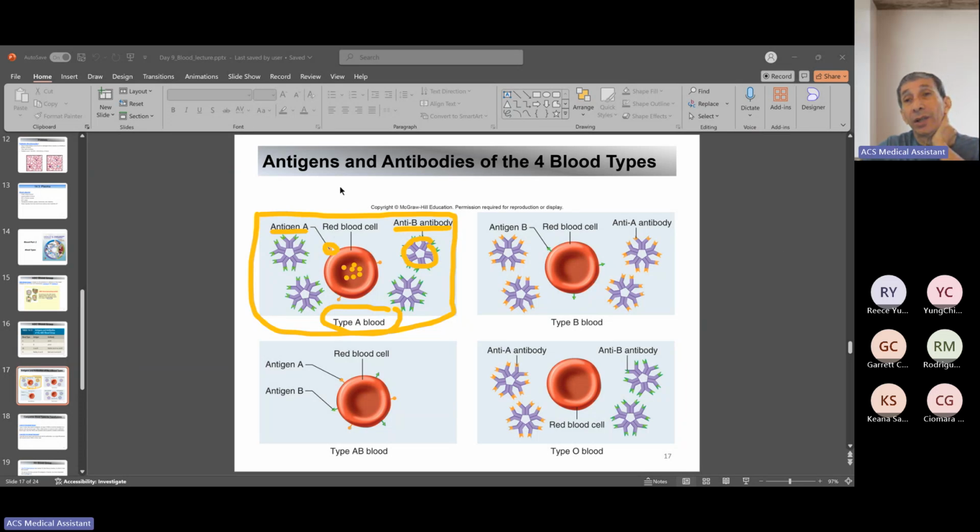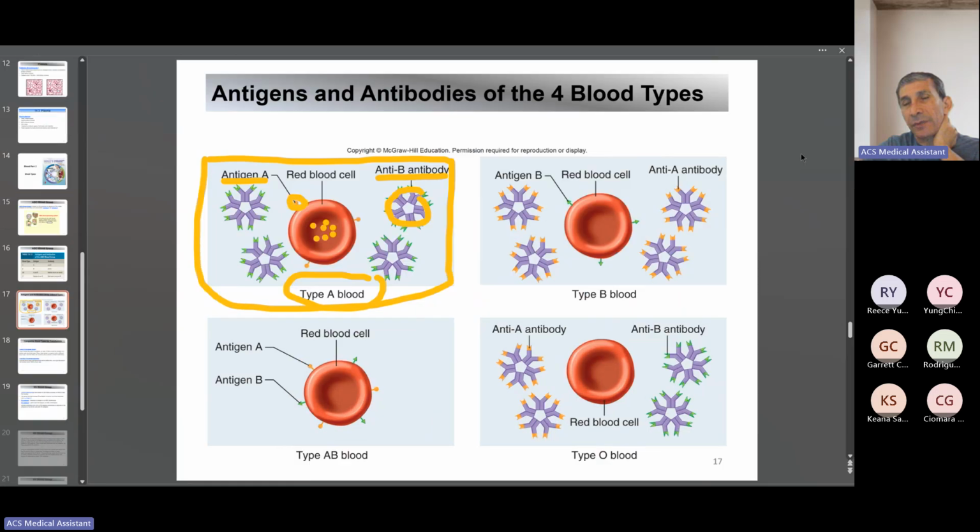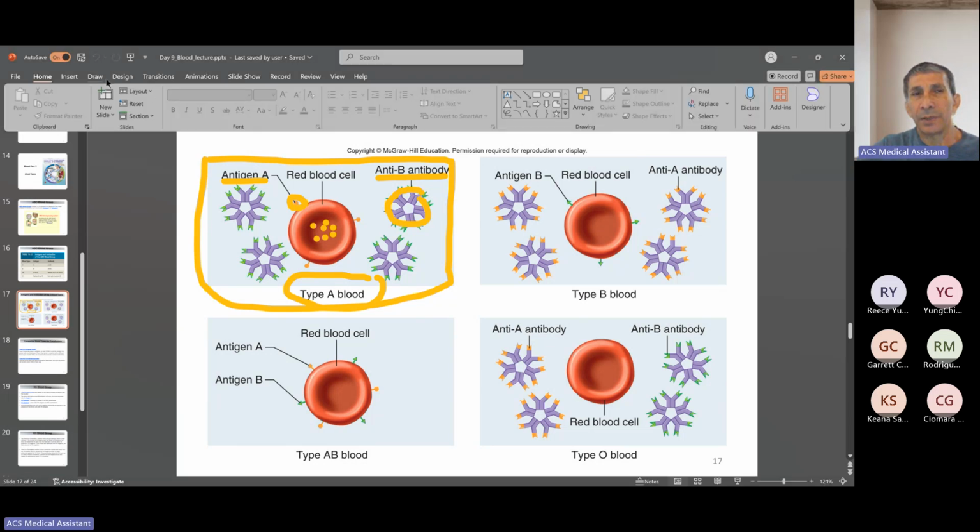Okay, so let's continue with this interesting chapter. We were talking about, once again, blood types. Remember, type A has antigens on the surface. So always think about that.